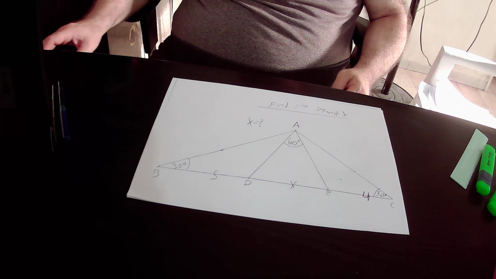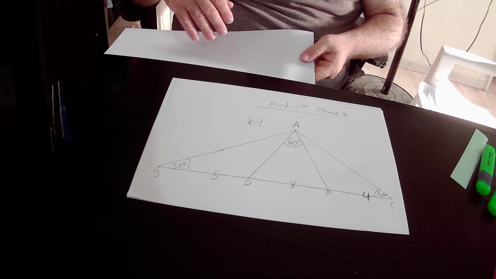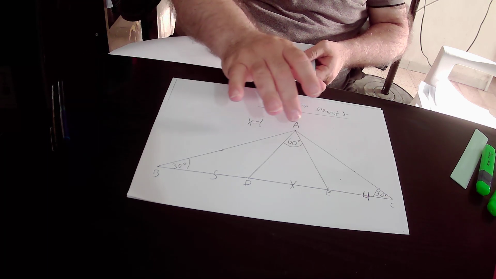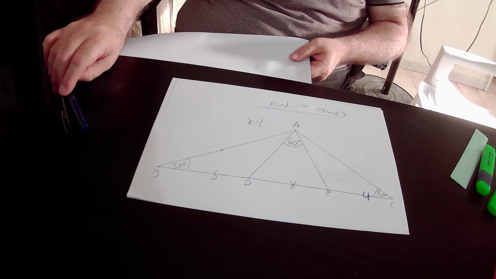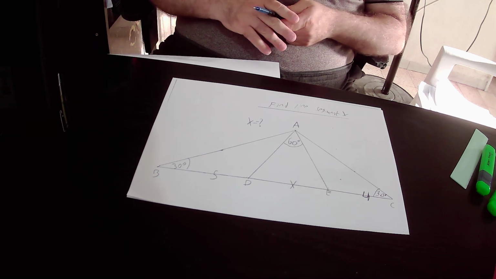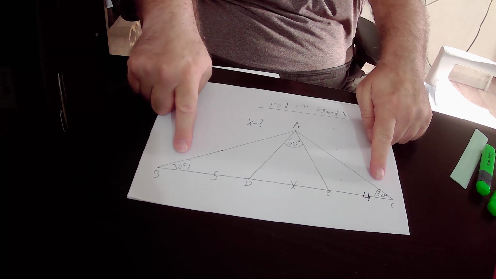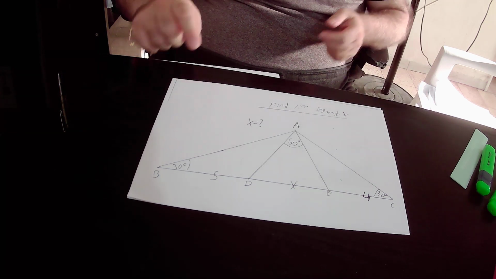Okay, so first of all, here we will focus on triangle ABC. In triangle ABC, we know that those two angles are equal to each other, they are both equal to 30 degrees.